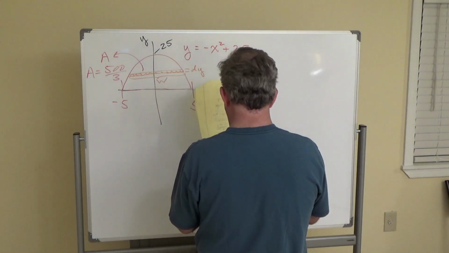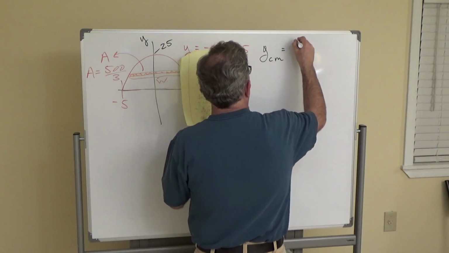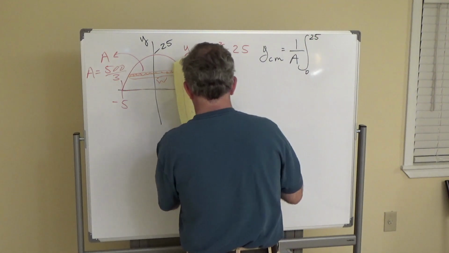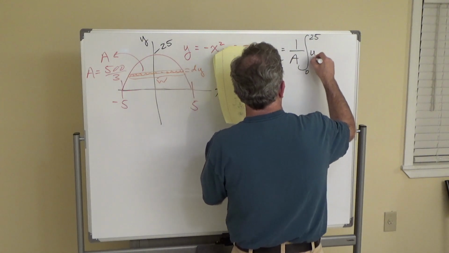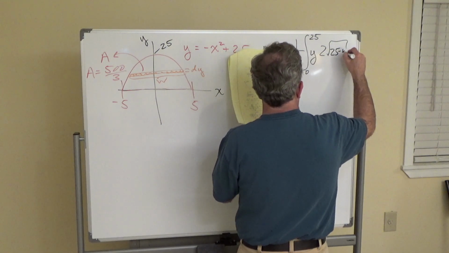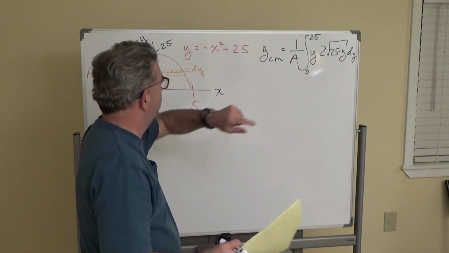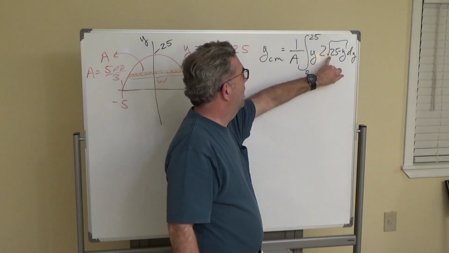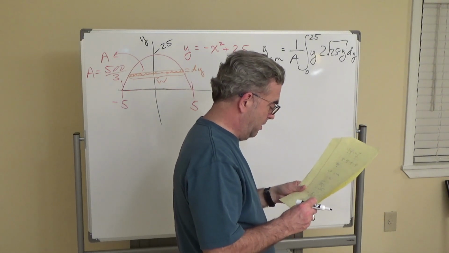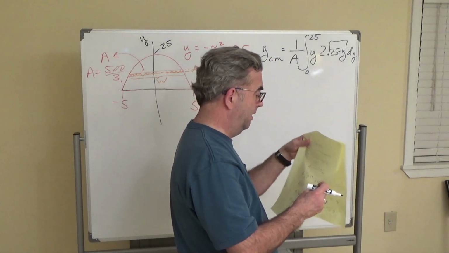So y center of mass is equal to 1 over a times the integral from 0 to 25 of y times 2 times the square root of 25 minus y dy. Do the integral. And it's a little bit of work, not a whole lot.